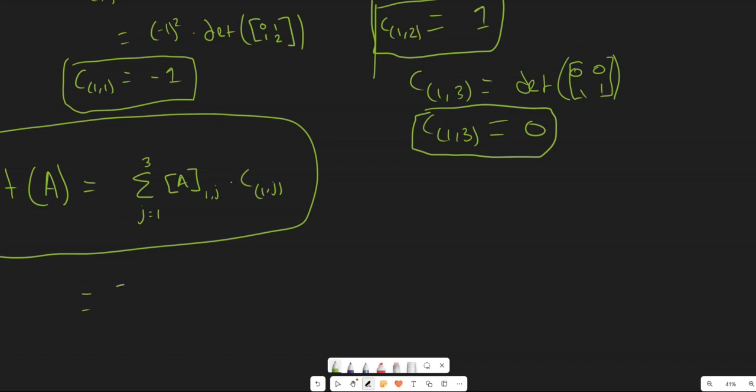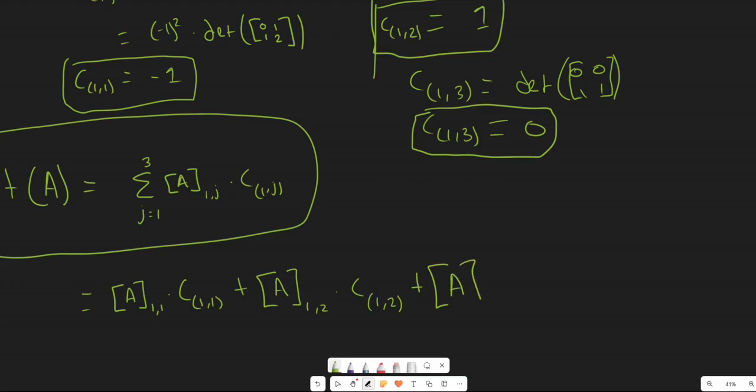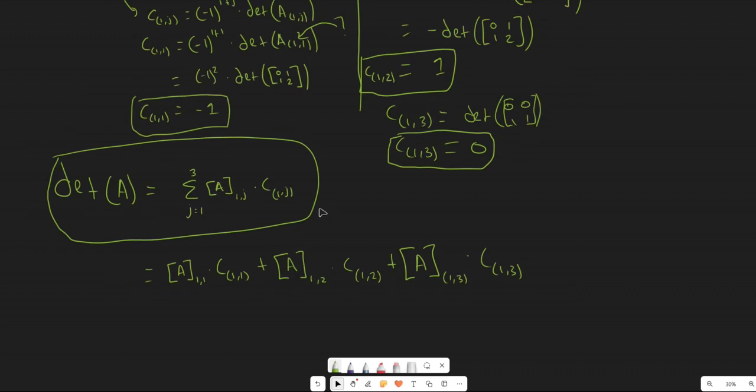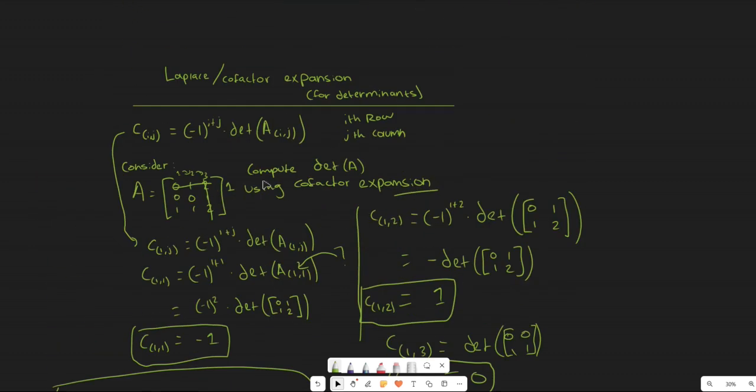So what this means is it's going to be the entry in A at 1, 1 times the cofactor of 1, 1 plus the entry of A in 1, 2 times the cofactor of 1, 2 plus the entry in 1, 3 times the cofactor of 1, 3. And that's your determinant.